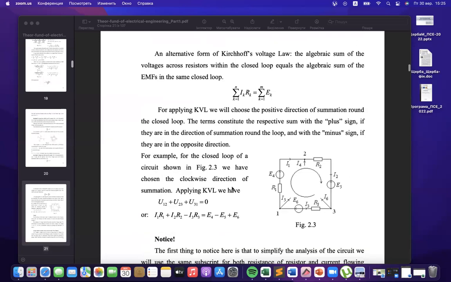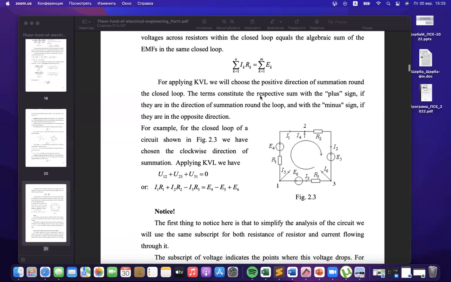The same goes for voltage. The total voltage of resistors will be the total voltage of sources. For example, if you have some task, then you have a 30 volt source number 4, for example, a 20 volt source number 5, and a 10 volt source number 6.